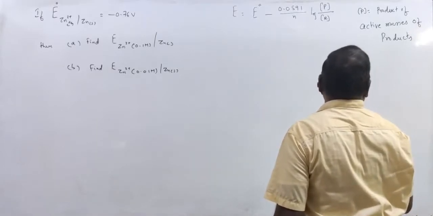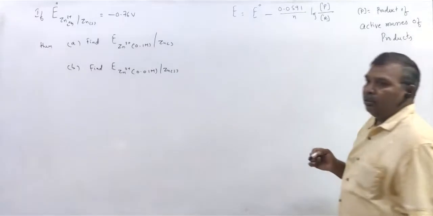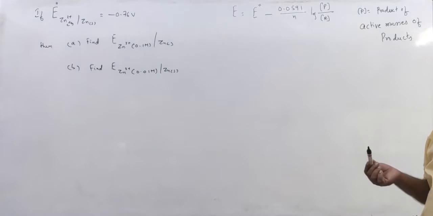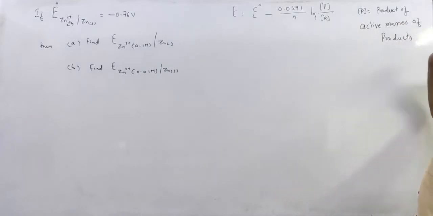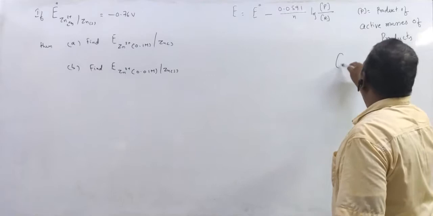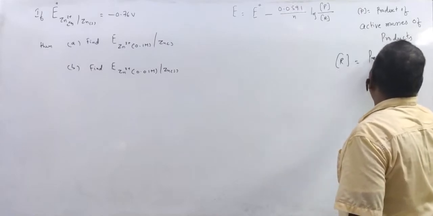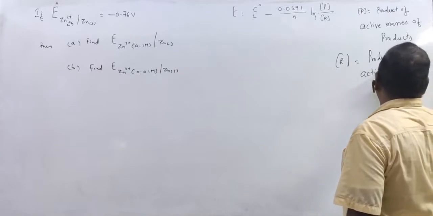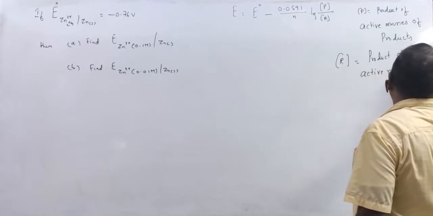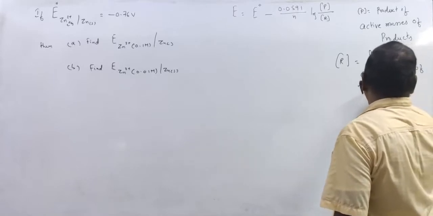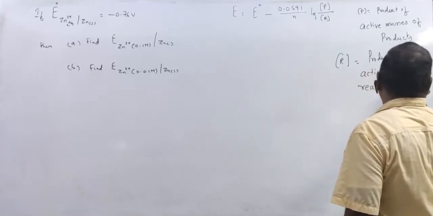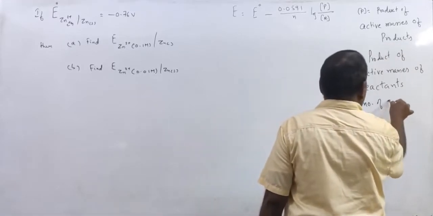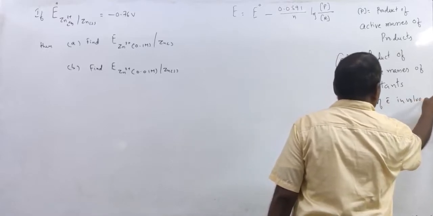They are the product of molar concentrations of products. In equilibrium, we discussed that active mass is equal to the molar concentration of the chemical substance. Similarly, R is the product of active masses of reactants. n is the number of electrons involved in the equation.